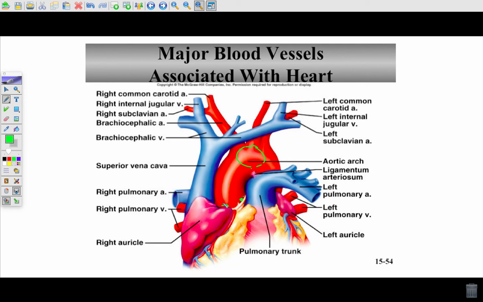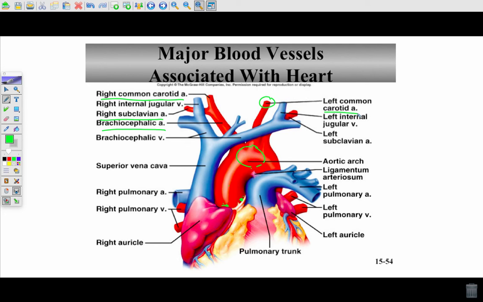The heart gets the good blood first. And then there are three branches off of the aortic arch. The first branch is the brachiocephalic artery. The brachiocephalic artery will further divide into the right subclavian artery, which goes to the right arm, and the right common carotid artery, which travels up the right side of the neck into the head.